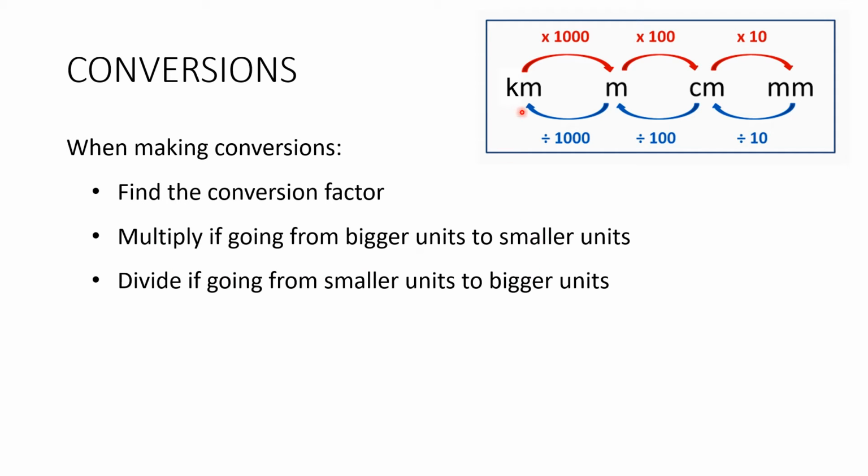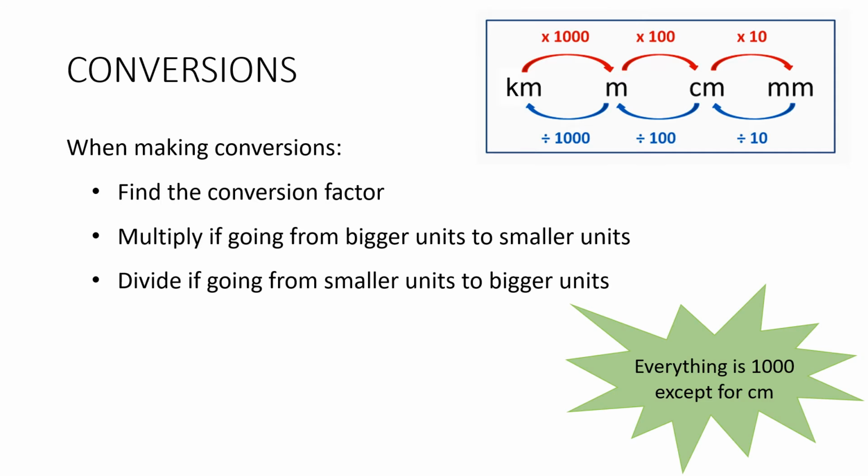So if we want to go from kilometres, say, which is a bigger unit, to millimetres, which is a smaller unit, we want lots of these, and multiplying is one way to get that. We divide if we're going the other way, if we're going from smaller units to bigger units because we want less of them.